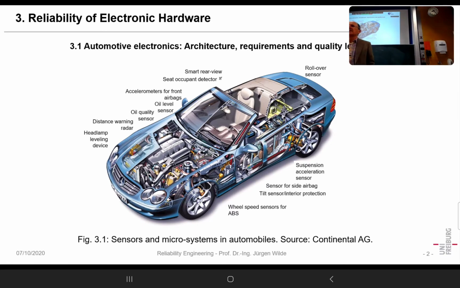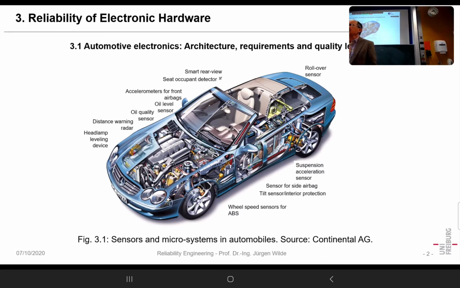Yes, there were often breakdowns of the car on the autobahn or on the road due to problems with that electronics. Until after several years, they had improved the reliability of the electronics so much that the quality of the car was not lower than that of a car which was purely mechanical, you could say.